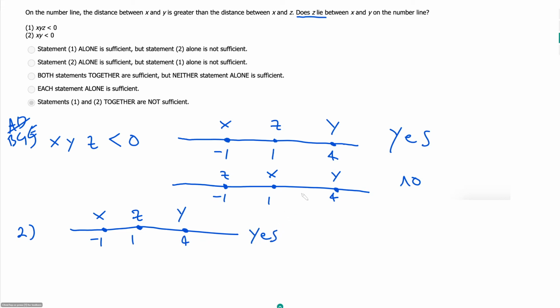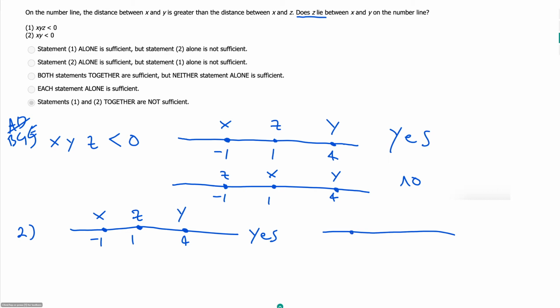I cannot reuse this example here, though, because x times y is not less than 0. And so how can I change this here? So it looks like if I just move z to the left of x a little bit, that should give me a no, right?